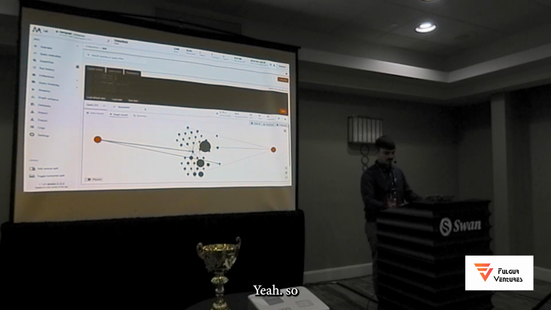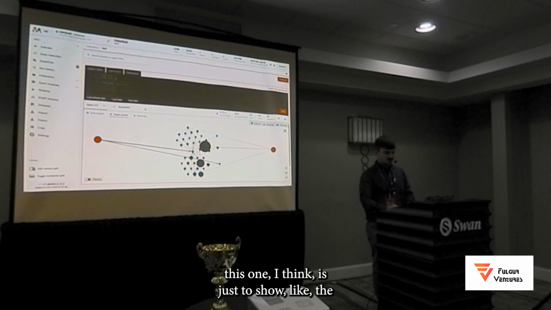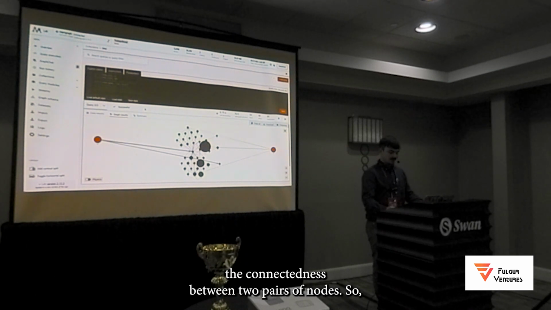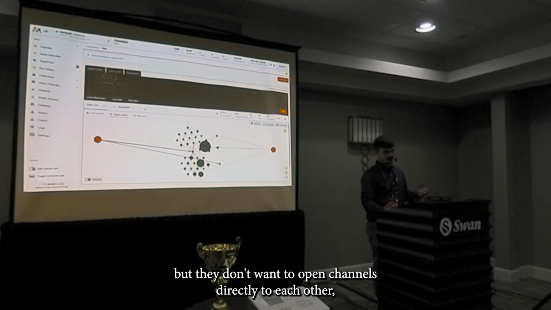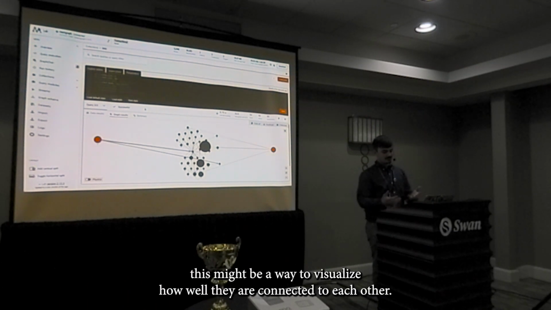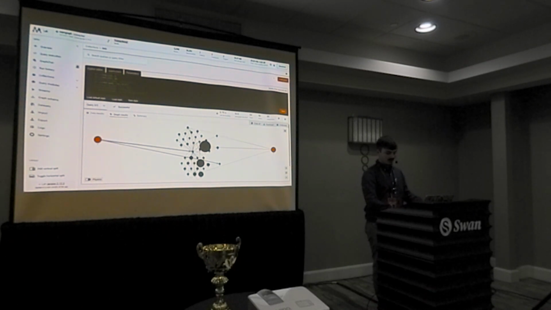Yeah, so this one I think is just to show the connectedness between two pairs of nodes. So if they're two businesses and they want to have a strong relationship, but they don't want to open channels directly to each other, this might be a way to visualize how well they are connected to each other.